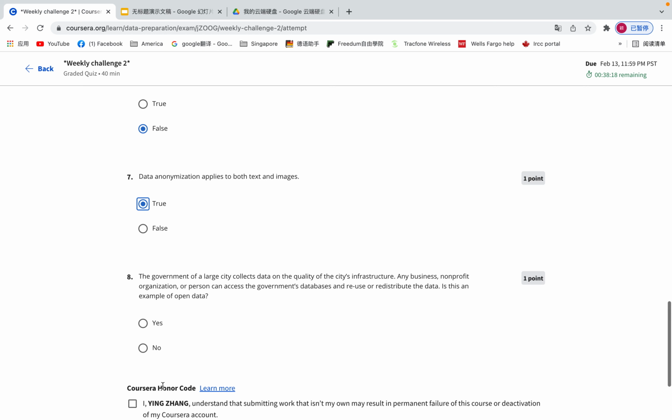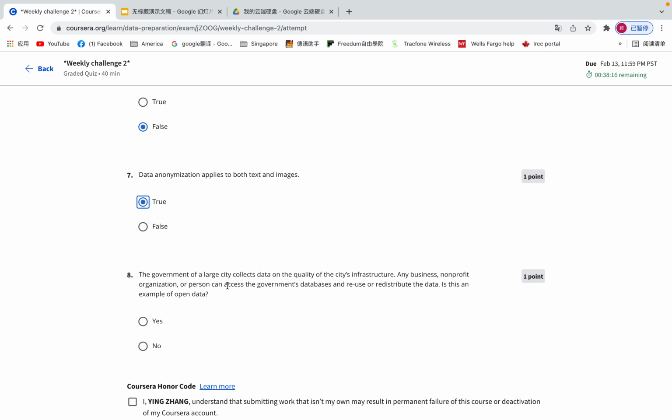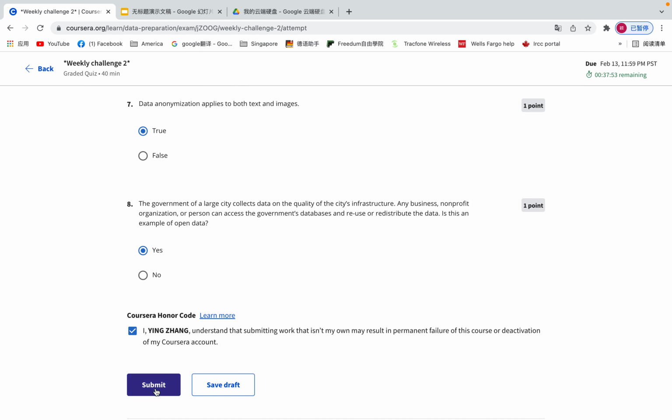Yeah. Number 8, the government of a large city collects data on the quality of the city's infrastructure, and any business, nonprofit organization, or person can access the government's databases and reuse or redistribute it. Is this an example of open data? Yeah. It's pretty easy, huh?